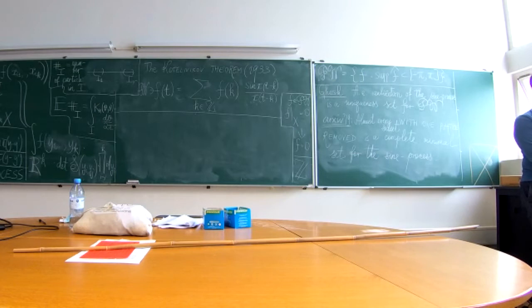For instance, the space of stochastic matrices or doubly stochastic matrices, these are semi-groups. Well, the space of stochastic matrices is a semi-group.